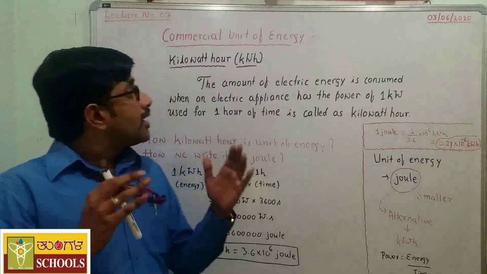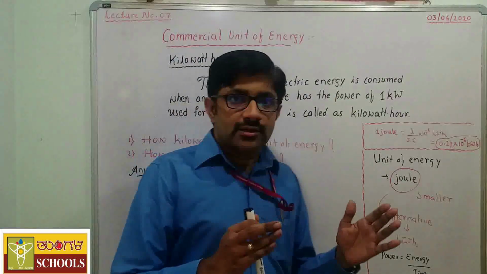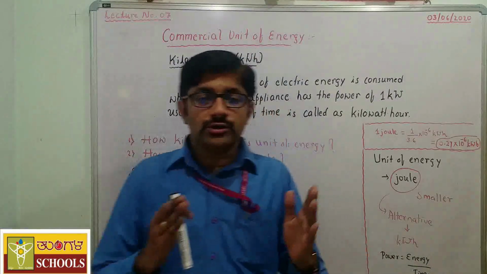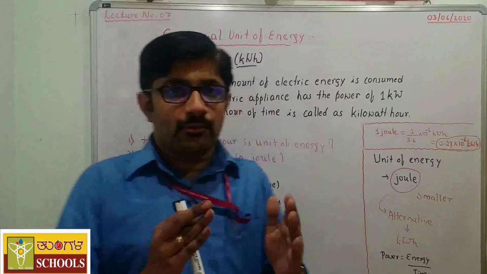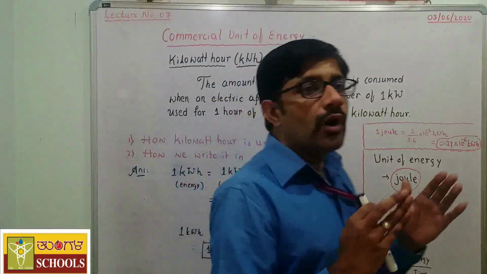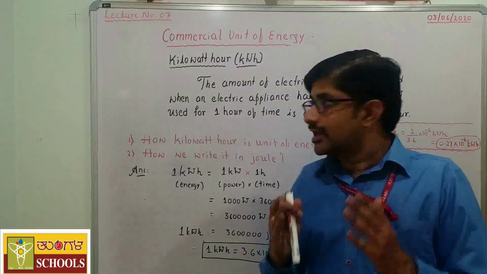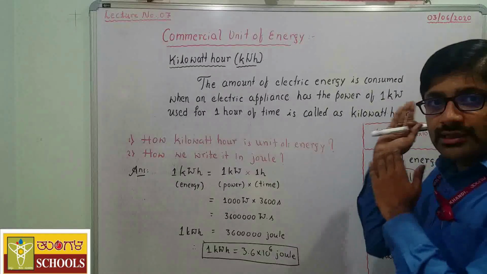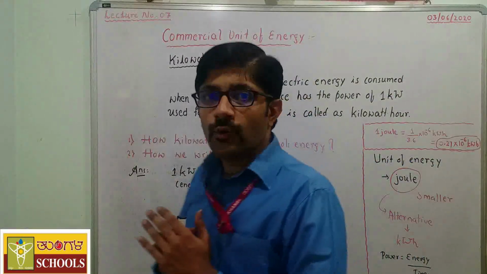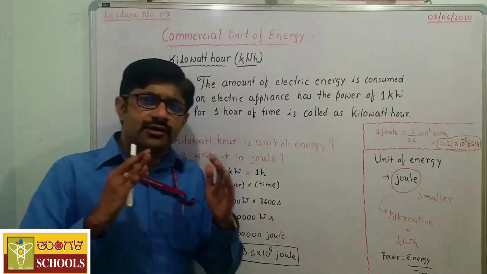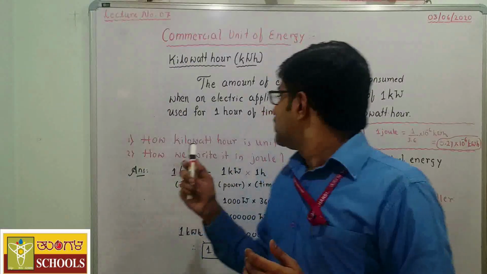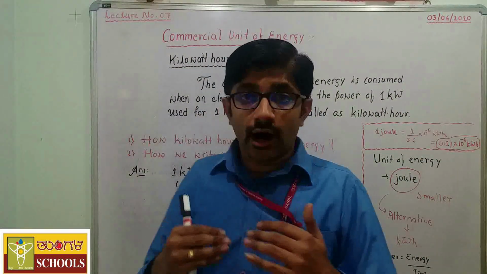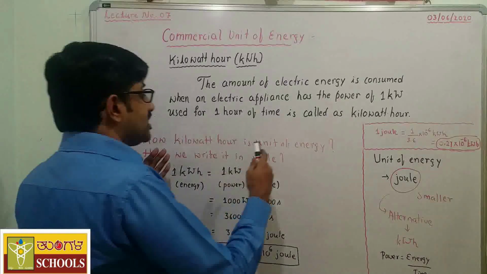If an electrical appliance is having the power of 1 kilowatt, and for 1 hour of time 1 kilowatt power is utilized, the amount of electrical energy consumed in that case is known as kilowatt hour. I think you are under confusion about how the kilowatt hour is a unit of energy. Since we are talking of power, how is the kilowatt hour the unit of energy?